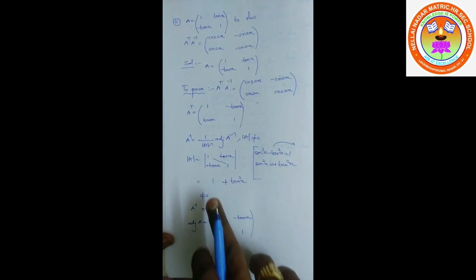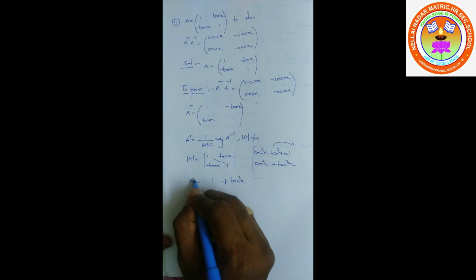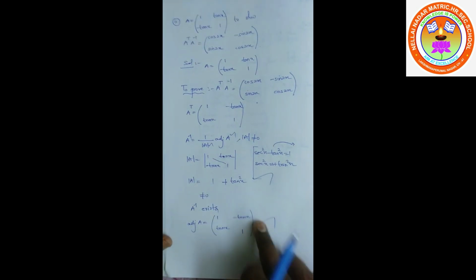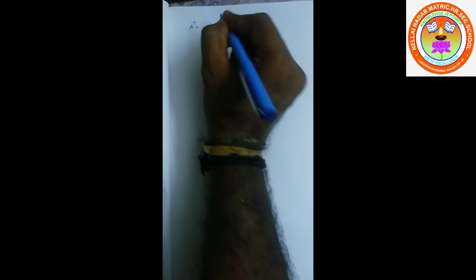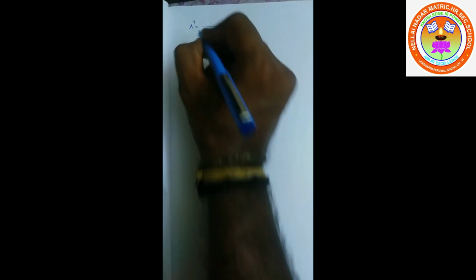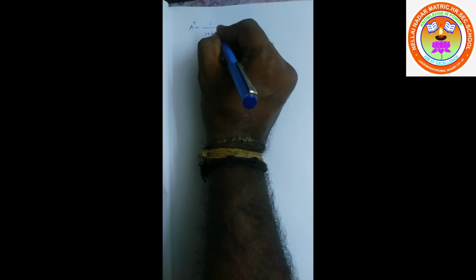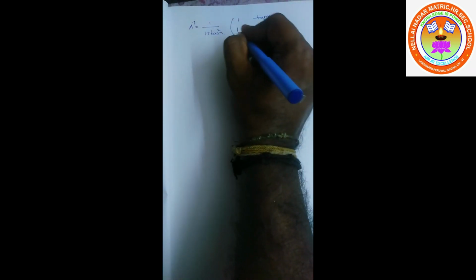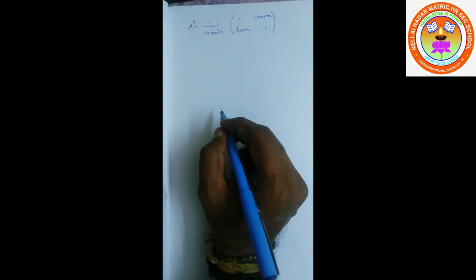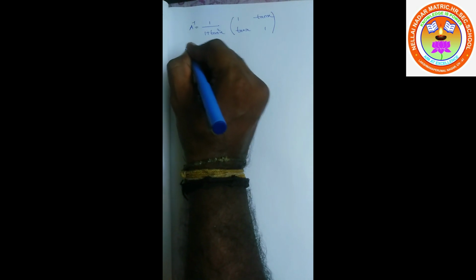So this is adjoint of A. The formula is A inverse is equal to 1 by determinant of A, we have found 1 plus tan square x, adjoint of A is [1, minus tan x; tan x, 1]. So we have found A transpose and A inverse.